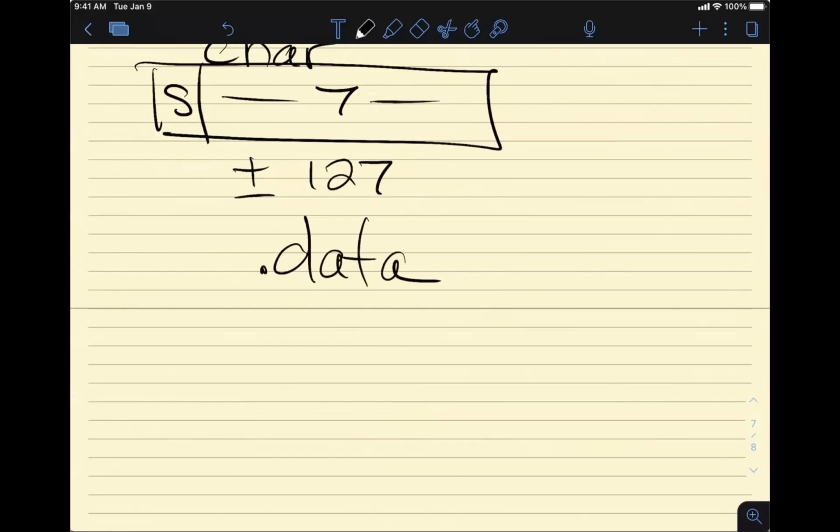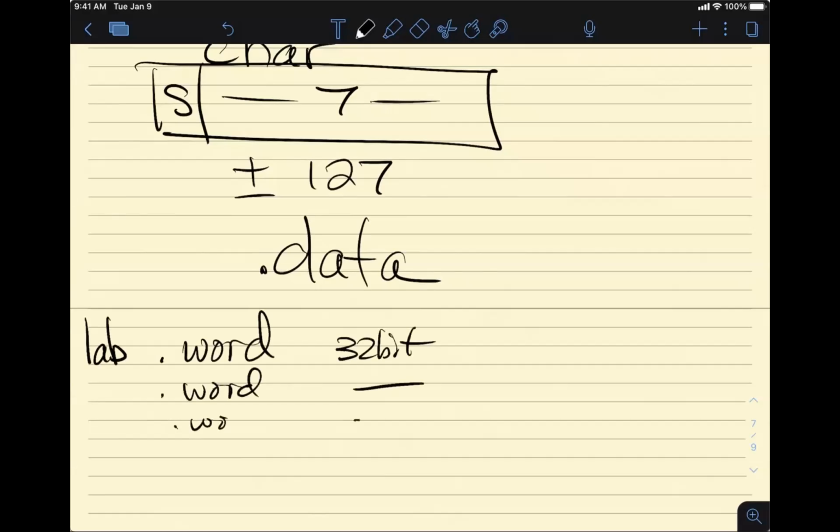So that would be some label, because you want to get to this array. So .word, and then a 32-bit value, and then .word and a 32-bit value, .word and a 32-bit value. So that's an array of ints.